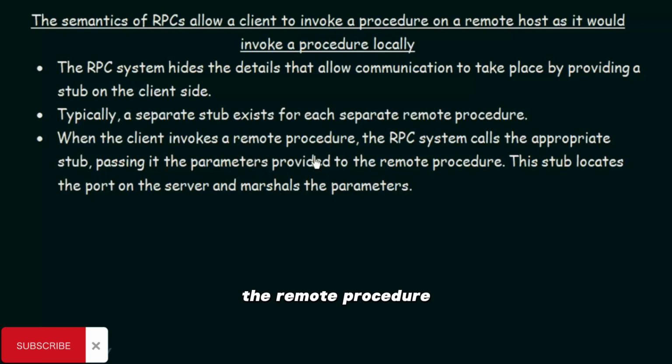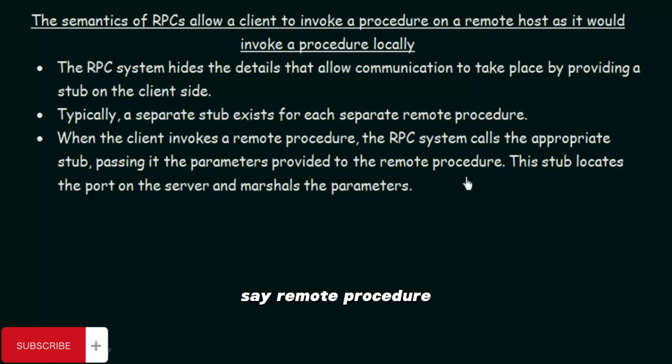The client invokes the remote procedure. We use the term remote because it is residing in another system, not in the same system. When the procedure is invoked, the RPC system calls the appropriate stub, and then it passes the parameters provided to the remote procedure.